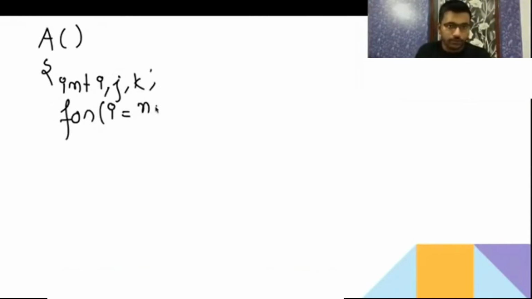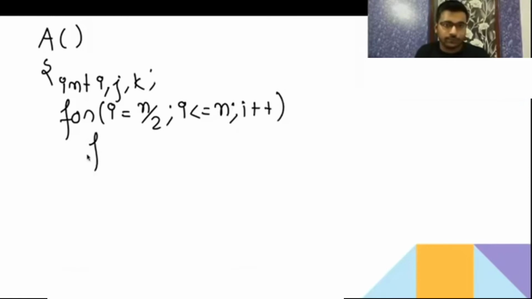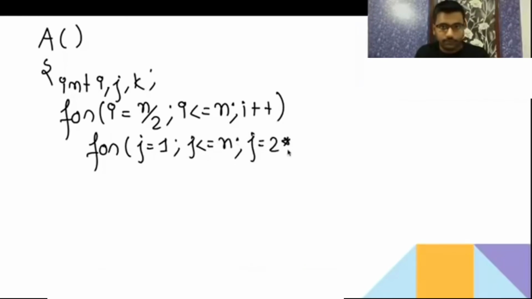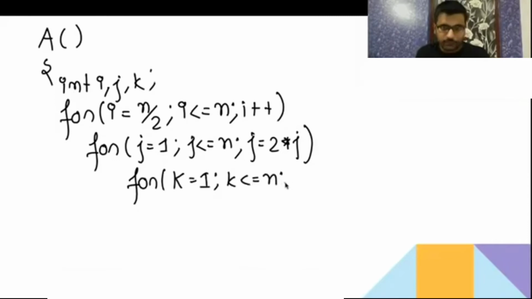4I equal to n by 2. Now tell me what is going to be the time complexity of that.